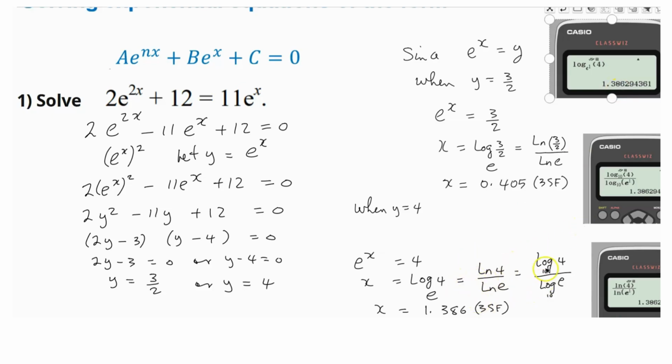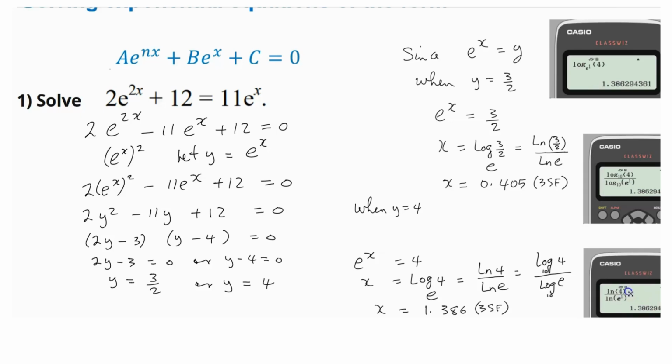Or if we have log 4 base 10 over log e base 10, we still get the same value. Or if you put ln 4 over ln e, you still get the same value here.